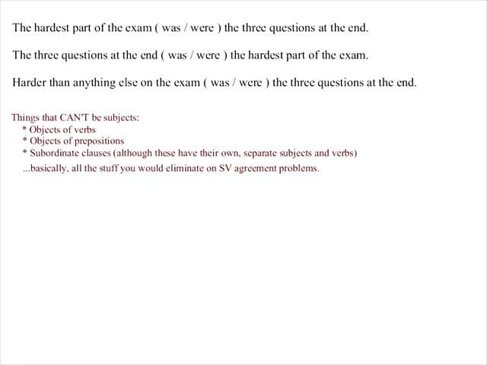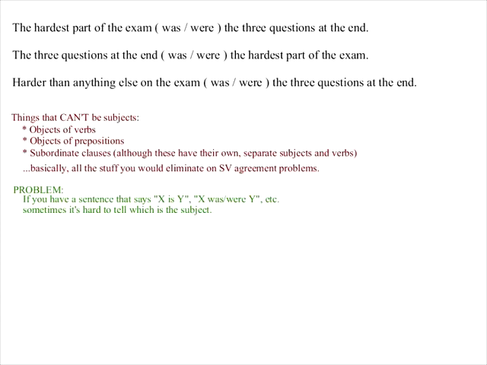So here's the rule. The problem comes about where you have a sentence that says X is Y, or X was Y, or were, etc. Then sometimes it's hard to tell which is the subject.